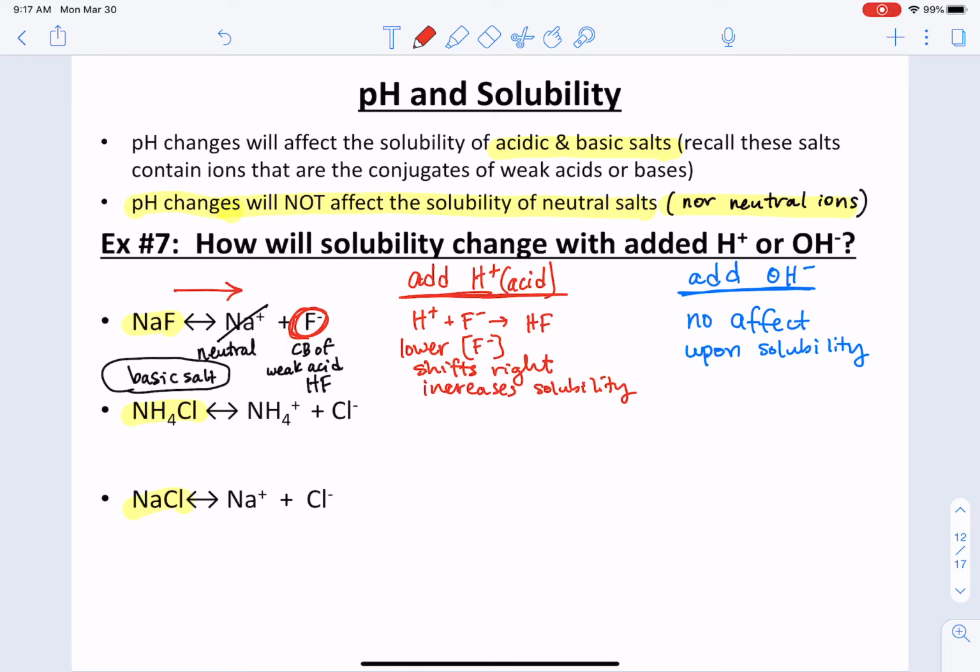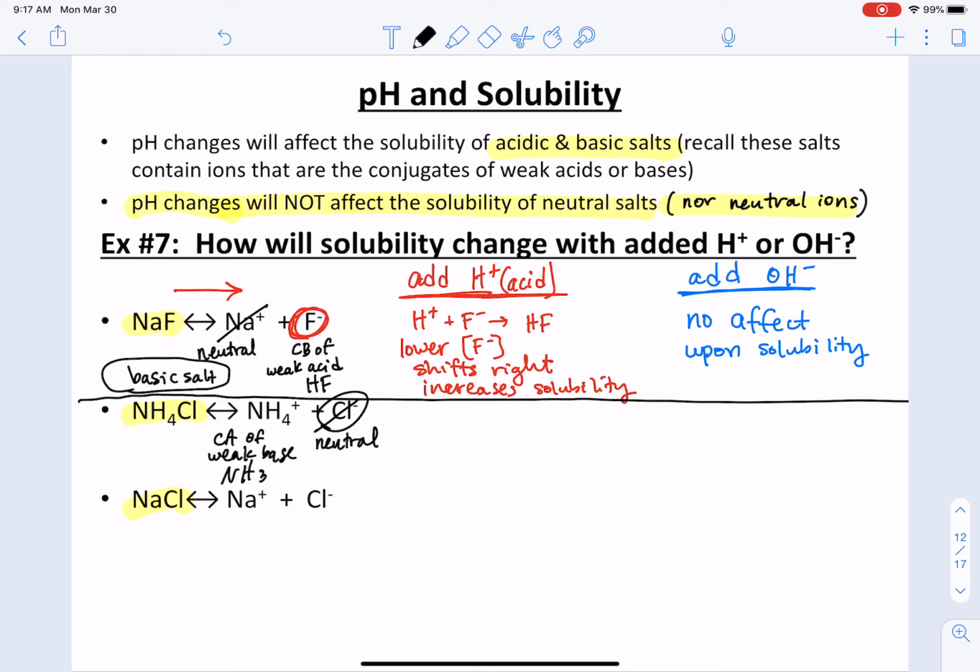Okay, next thing that we're going to look at is what happens if we were to do the same thing, add an acid and a base separately to this solution of ammonium chloride. So if you recall, chloride is a neutral ion, so that has no acidic nor basic behavior. And ammonium is the conjugate acid of the weak base, NH3.